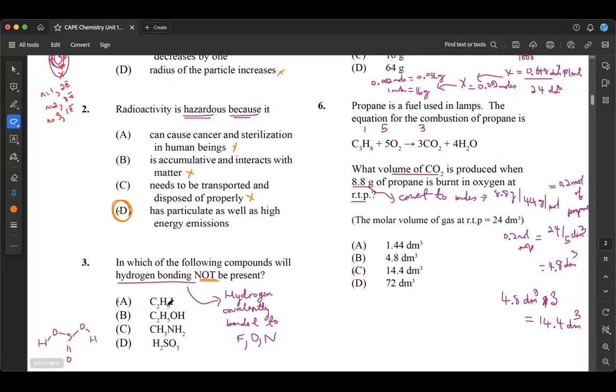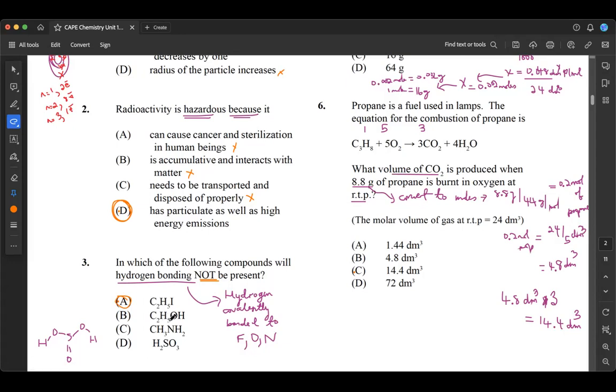So let's look at the list here. C2H5I, we don't see any of these very electronegative atoms here. So right away, we can rule this out. There won't be any hydrogen bonding here, right? So our answer for 3 is A.